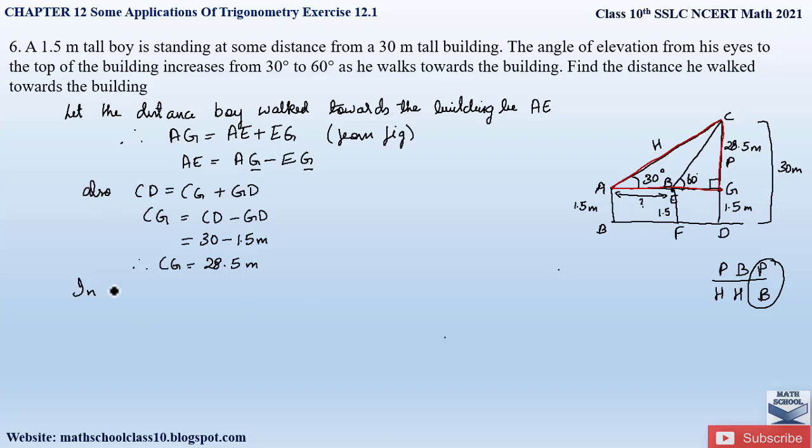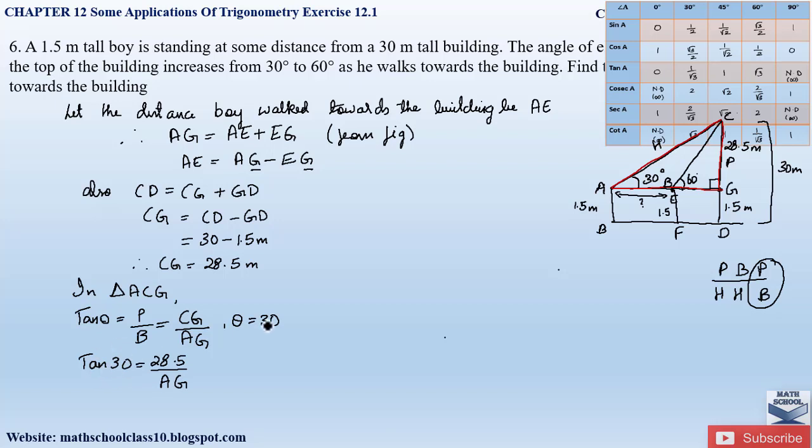In triangle ACG, tan theta is equal to perpendicular by base, where the perpendicular is CG and base is AG, and our theta value is 30 degree. So tan 30 is equal to CG, which is 28.5, divided by AG.